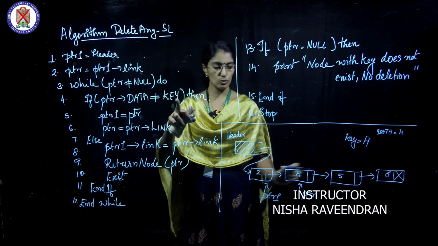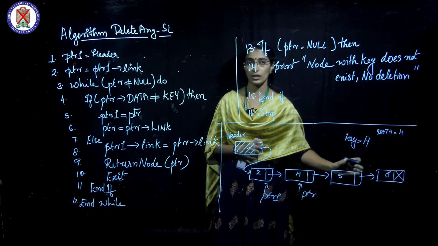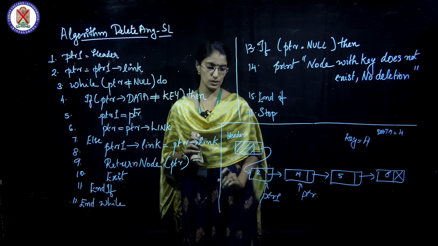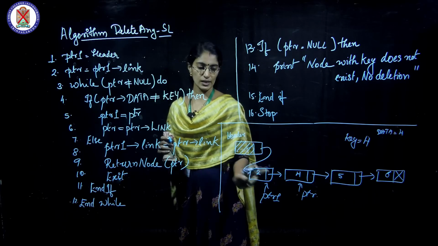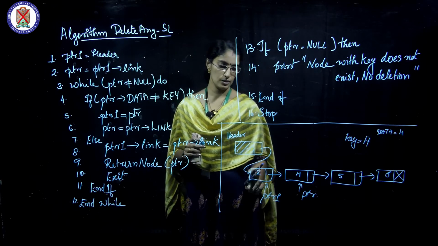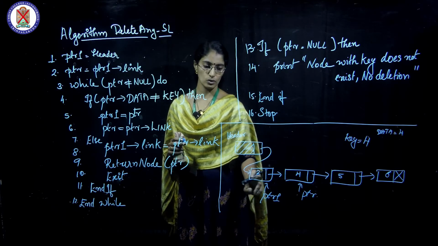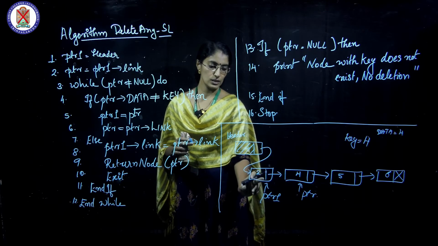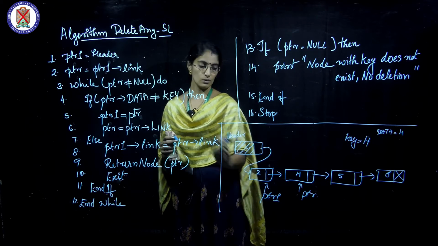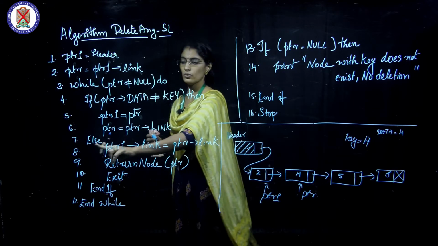This goes on until the data part is equal to the key value. In our example, the if condition will be checked 2 times. The first time the data is not equal, so it goes forward. This will be PTR1 and this will be PTR. Now when it comes to this again, here it stops. The if condition will not work here, so we go for the else part.